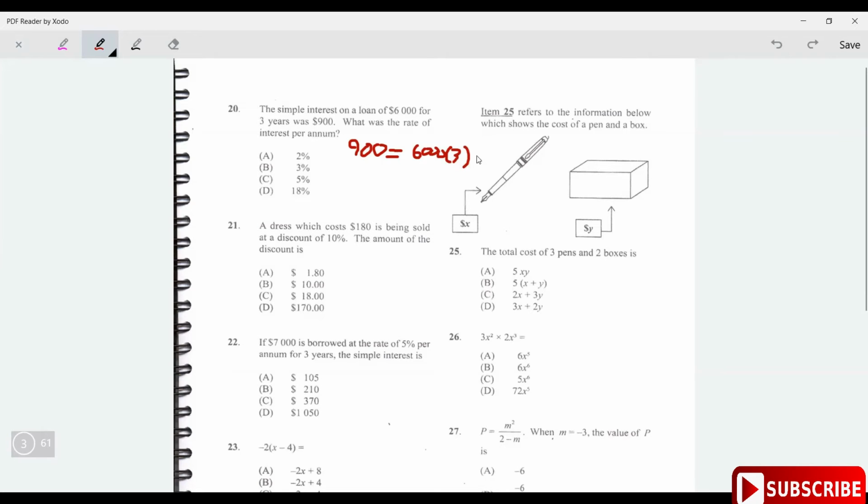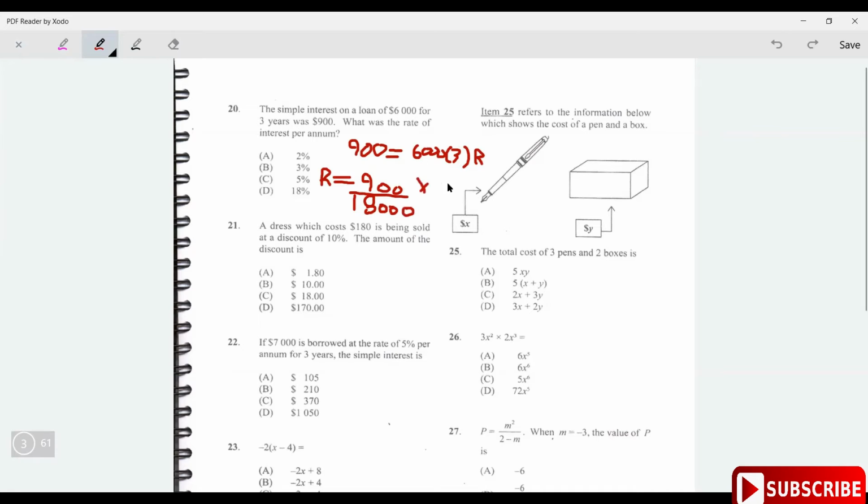All right, so let's call the rate R. And so that means the rate is going to be equal to 900 over 6,000 times 3, well, that is 18,000. But then this is going to give you the rate in decimal, but we want the rate as a percentage.